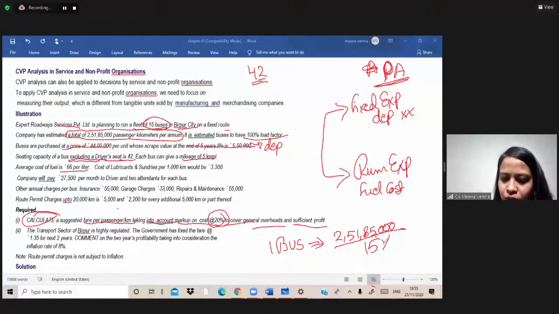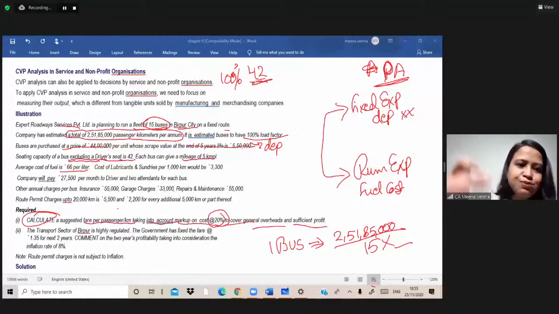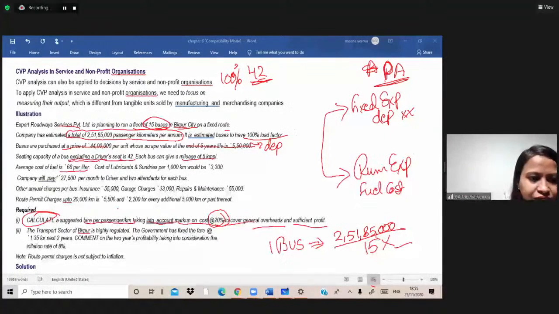Now in the denominator, we have to put the number of passengers they are carrying. Since they have 100% load capacity, it is mentioned that 42 seats are there. But one more piece of information is given: the company pays a salary to the driver, and there are two attendants in each bus.